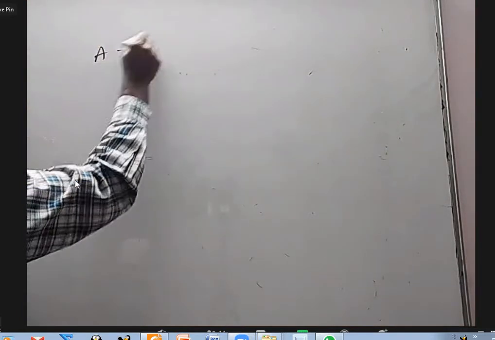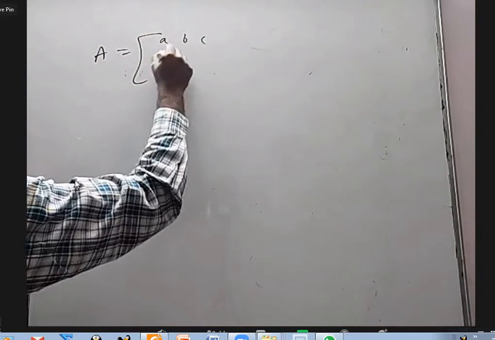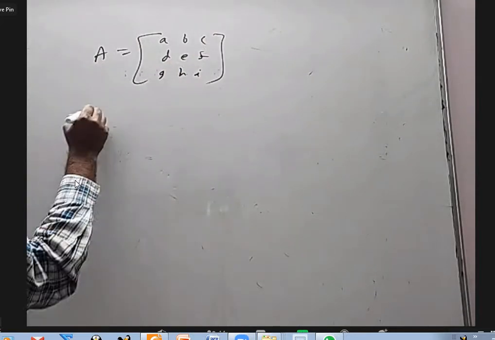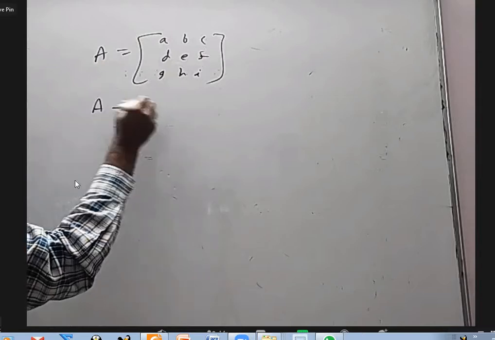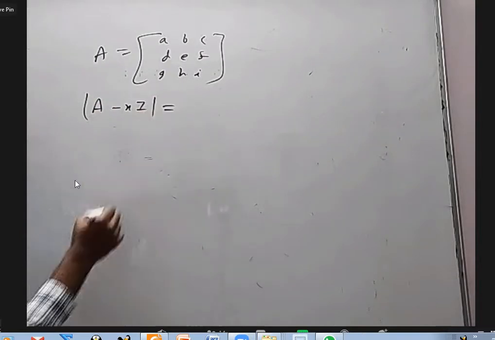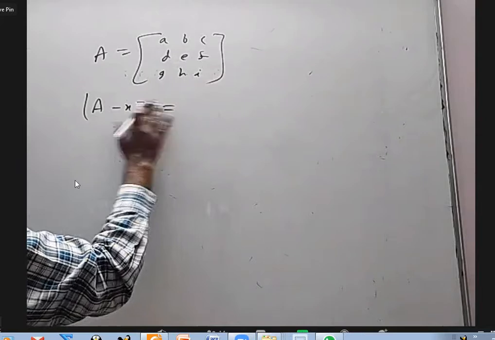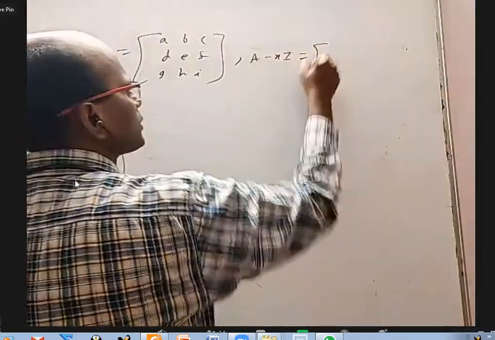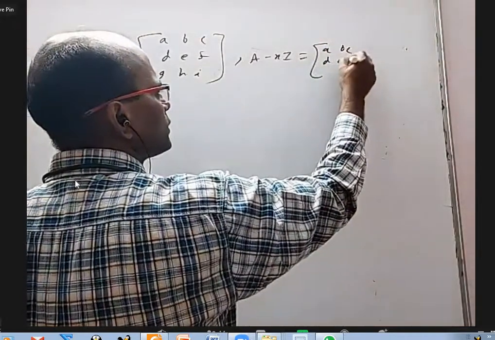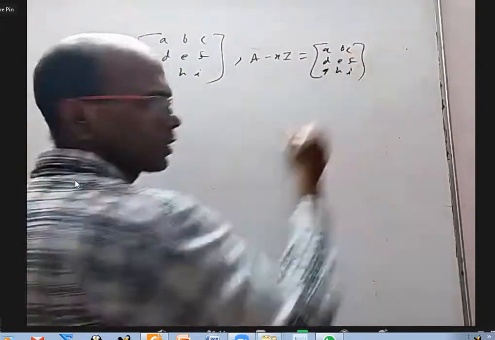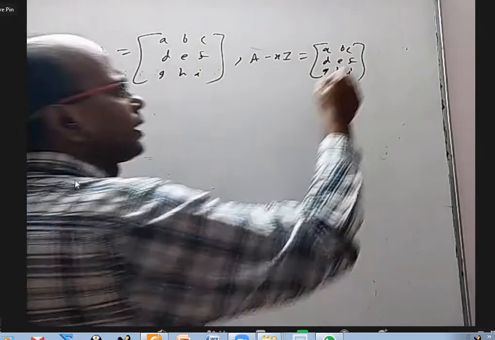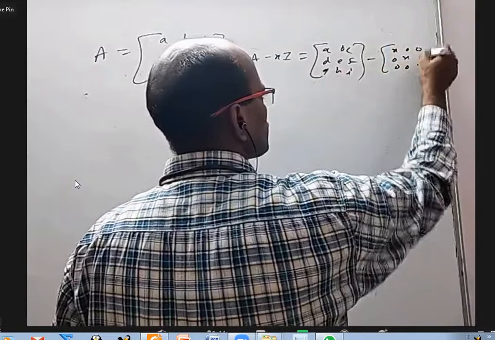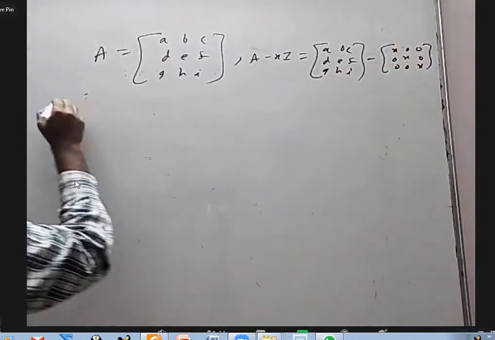Similarly, for a 3 by 3 matrix, what will happen? You take a matrix A, B, C, D, E, F, and G, H, I. Let us try to find det of A minus XI. First of all, what is A minus XI? It will be the matrix A, B, C, D, E, F, G, H, I minus X times the identity matrix, which is X, 0, 0, 0, X, 0, 0, 0, X. Now subtract and take the determinant.